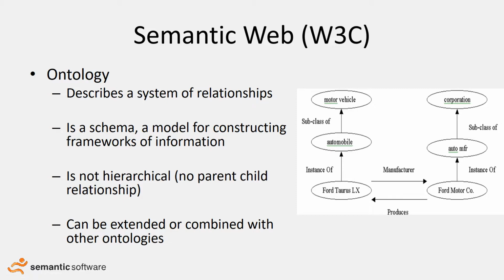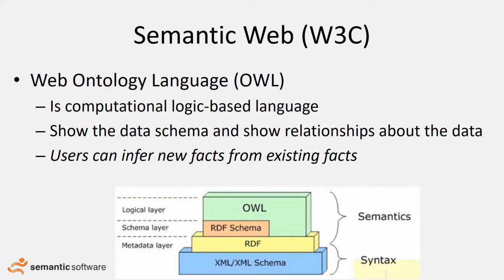Other semantic web standards include the Web Ontology Language, called OWL, which is a logic-based language designed to show the data schema and represent rich and complex knowledge about hierarchies of data and the relations between that data. OWL is used by applications that process semantic data and build on RDFS and knowledge representation technology to make more sophisticated modeling statements.